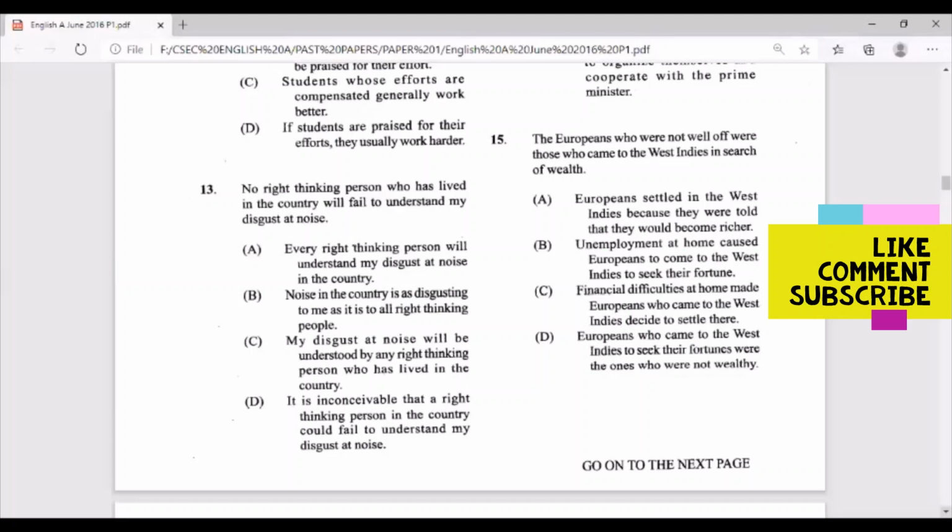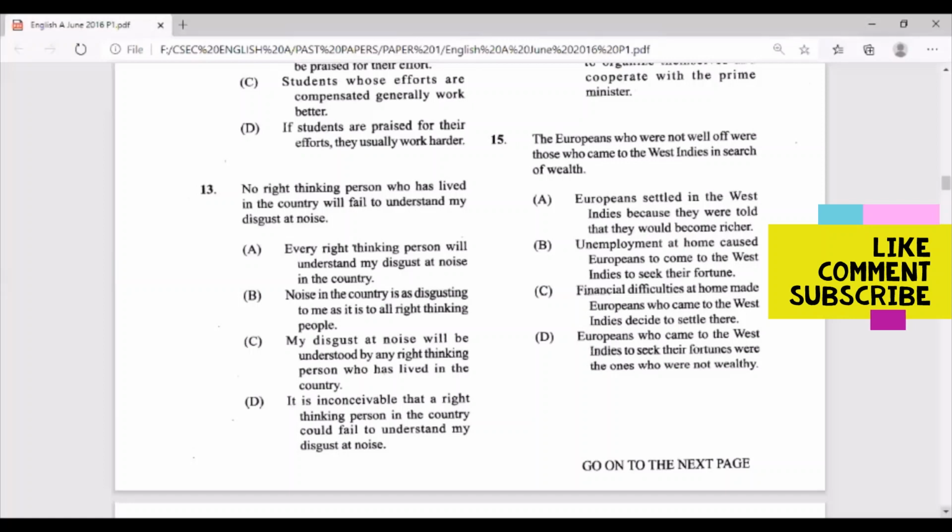It's not too bad. B, noise in the country is as disgusting to me as it is to all right thinking people. There was no comparison. There was no mention that yes, I disliked it and they disliked it too. No. So we're gonna scrap that. C, my disgust at noise will be understood.